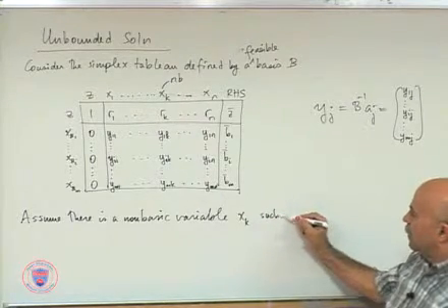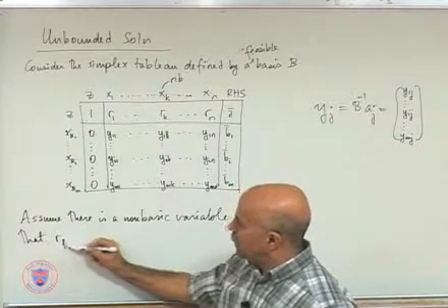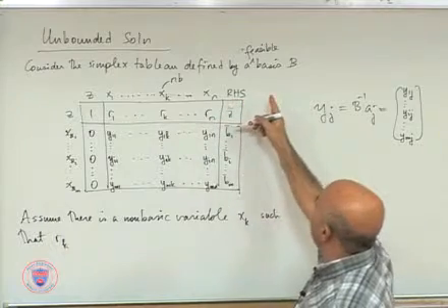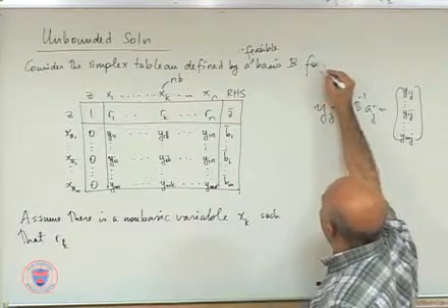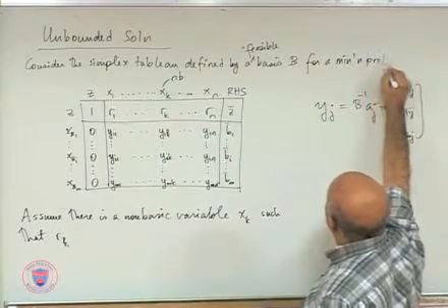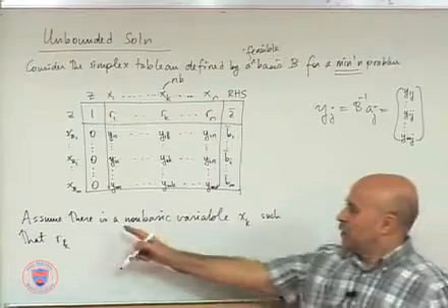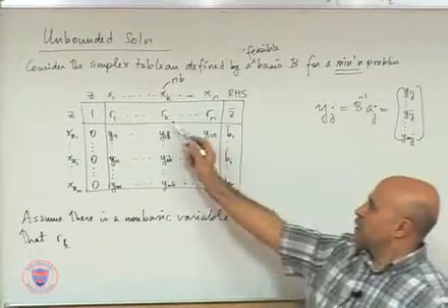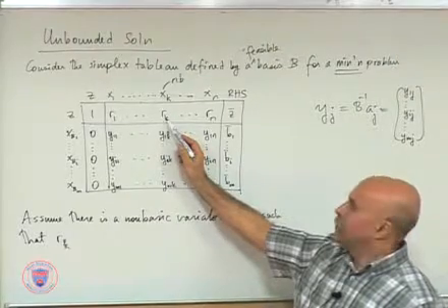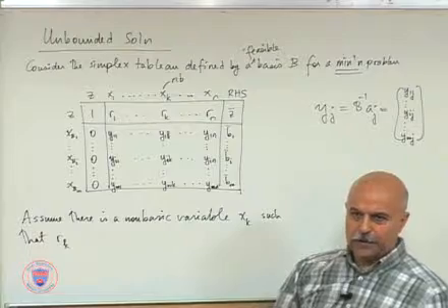Such that the reduced cost Rk is, this is a minimization problem, so consider this defined by a feasible basis for a minimization problem. Okay? So, assume there's a non-basic variable xk which prices out favorably, meaning that the reduced cost is good for you.